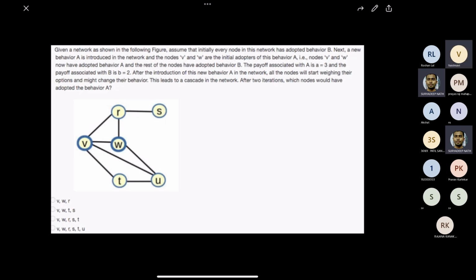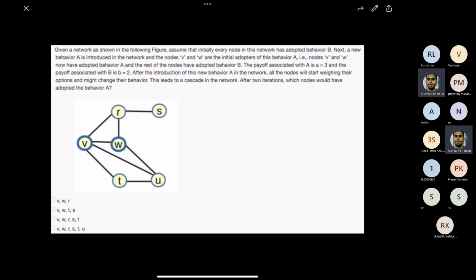So if we look at node R, node R has 2 friends V and W which have adopted the new idea. So it's 3 into 2, that is 6, and S adopted B, so it would be 2 into 1, 2.